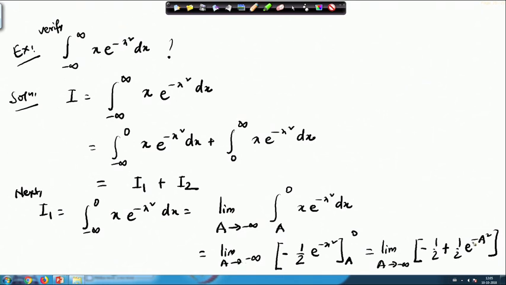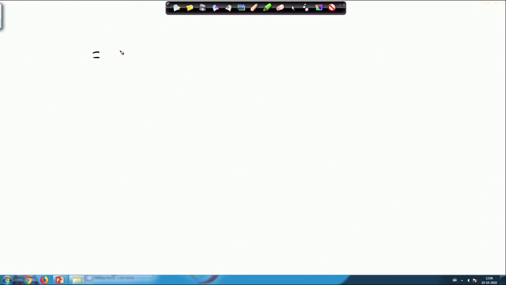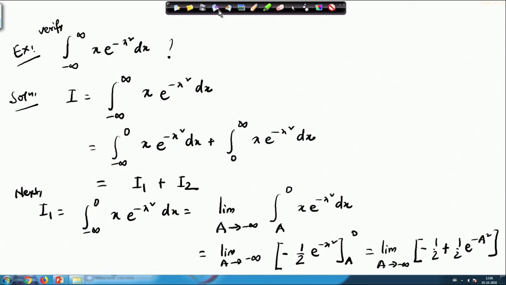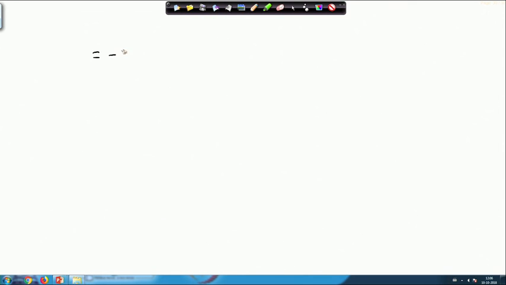Now, when a goes to minus infinity, e to the power minus a squared goes to 0. So, ultimately the value will be minus half.